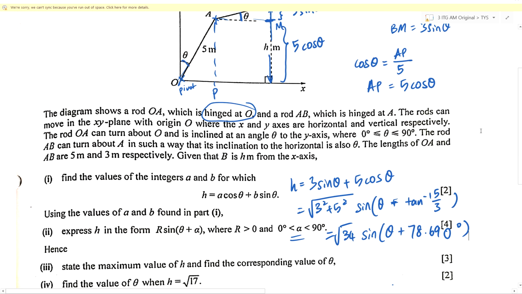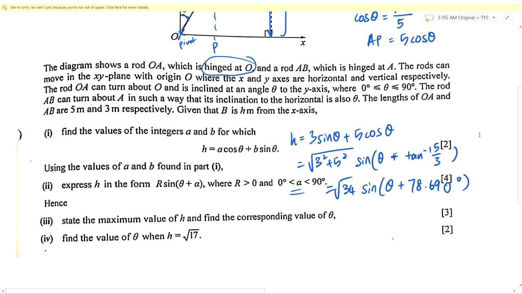Why is my value wrong? Oh, 5 over 3, not 15. Inverse tangent 5 divided by 3. So 59. Okay, now, since it is not exact, we will leave it to 1 decimal place for degrees. Root 34 sine theta plus 59.0 degrees.